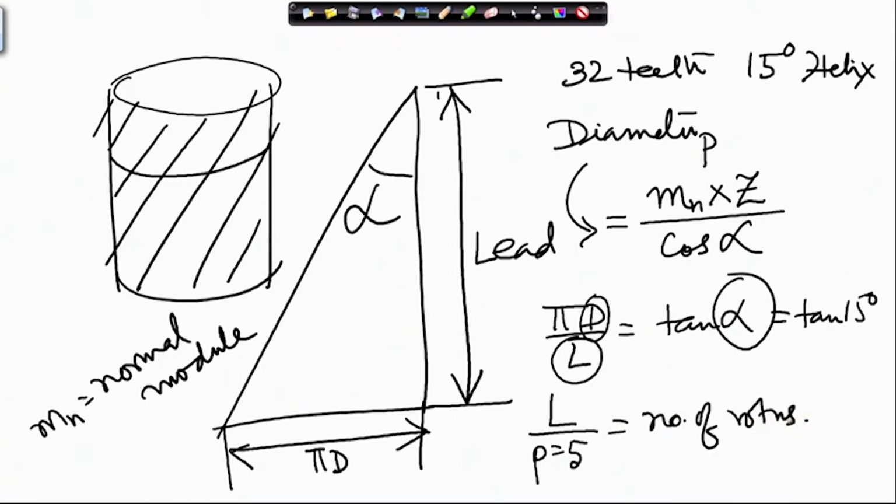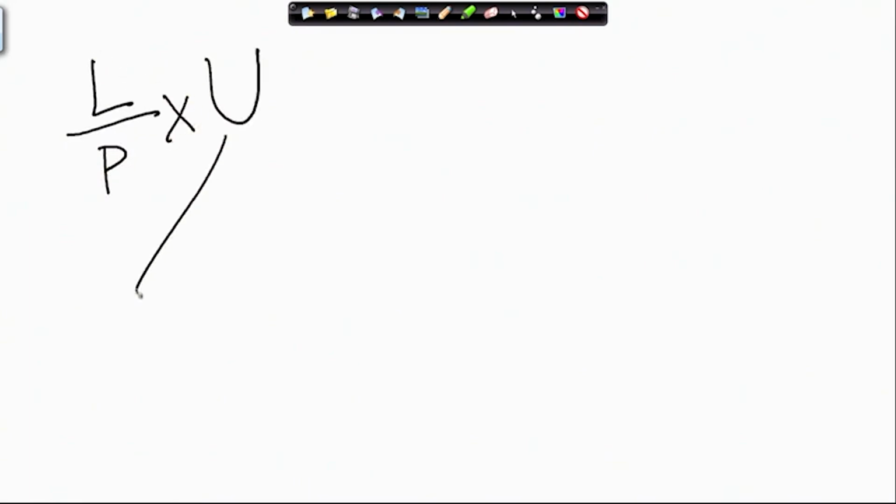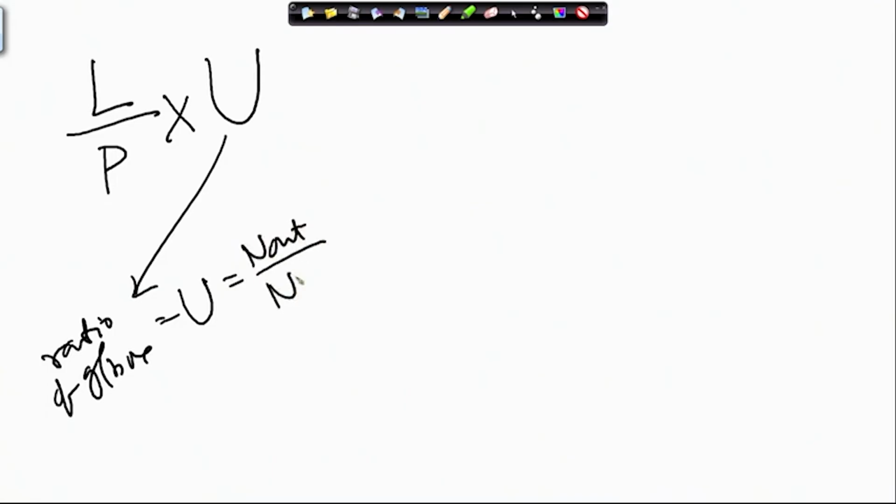Once you get this value, once you get L divided by P, these many rotations enter the gearbox, and the gearbox ratio is not known. That is what we need to find out: the ratio of the gearbox, say u, a variable, equal to actually n output by n input.